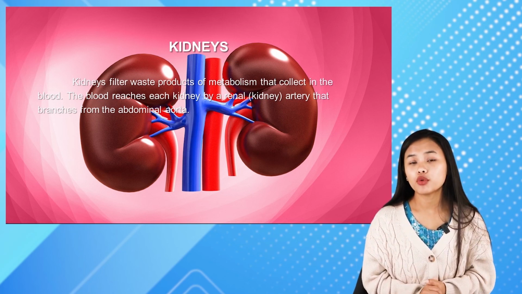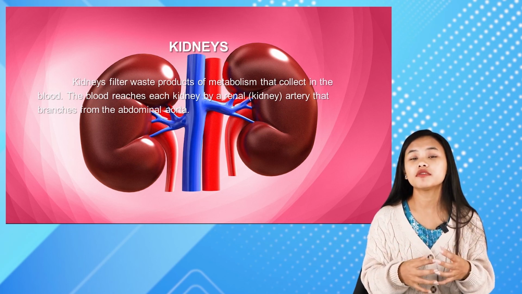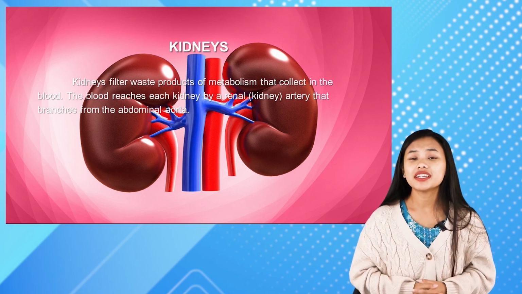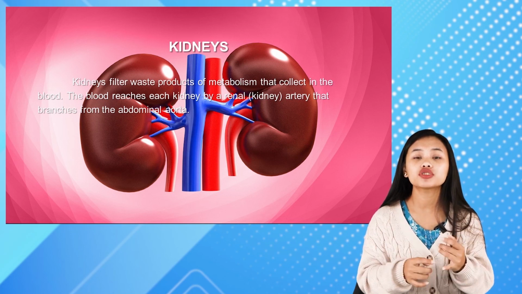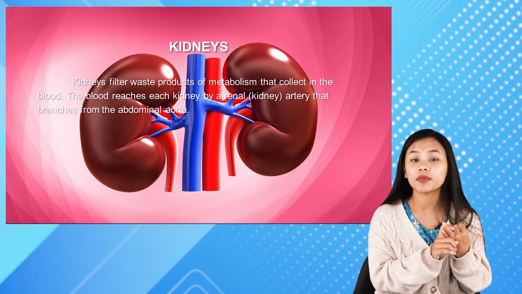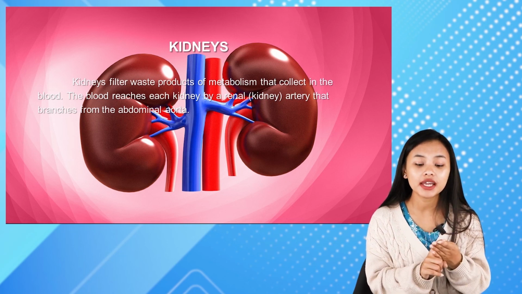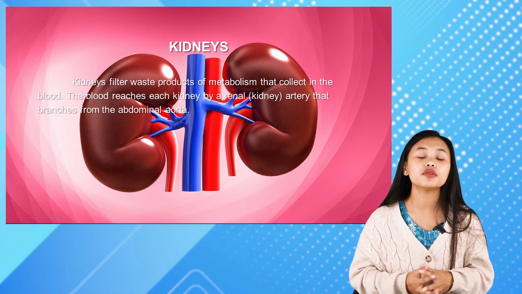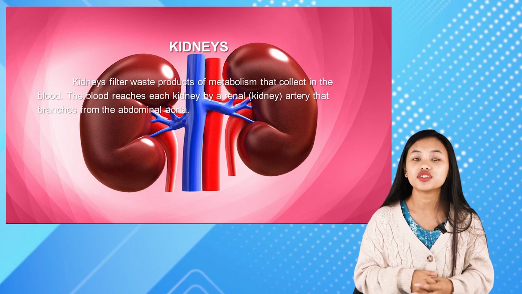So here the nephron, which is the functional unit of the kidney and which is composed of the glomerulus with the Bowman capsule, the proximal convoluted tubule, the loop of Henle, the distal tubule, as well as the collecting duct, will be responsible for the formation of urine during this process.